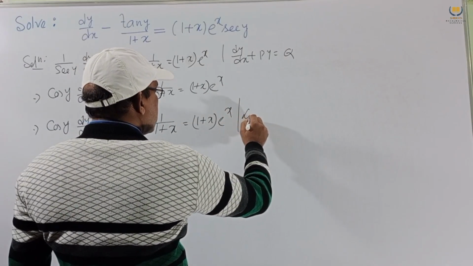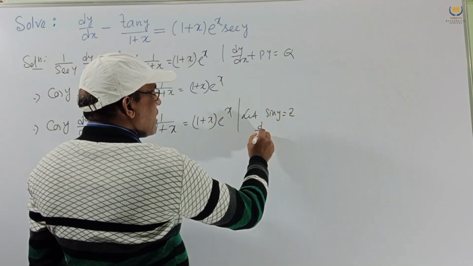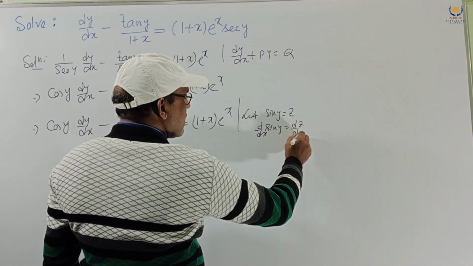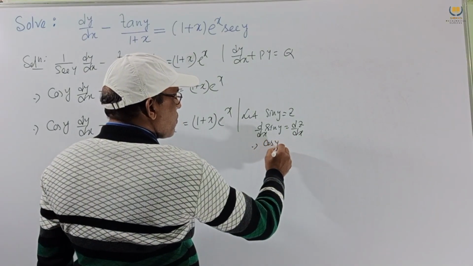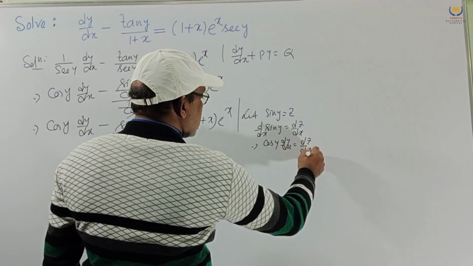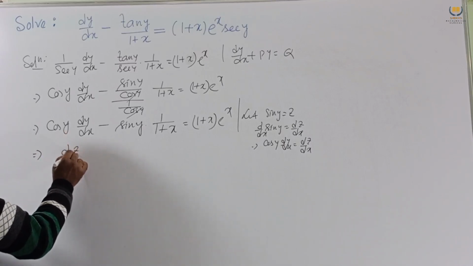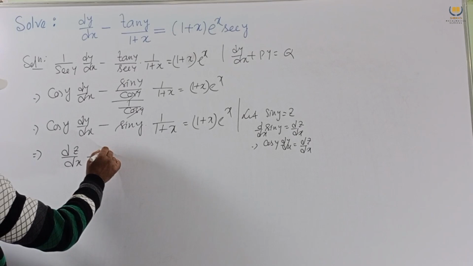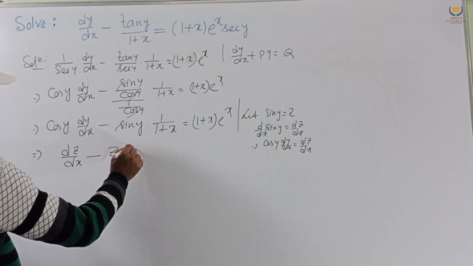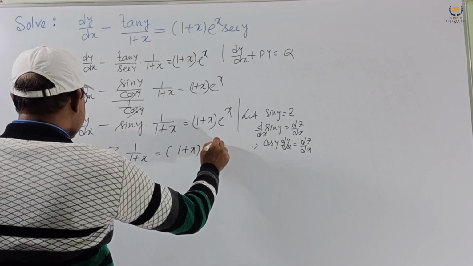So let sin y equal z. Then d/dx of sin y is dz/dx, this is cos y dy/dx equal to dz/dx. So this implies dz/dx minus sin y, meaning z, times 1 by (1 plus x) equals (1 plus x) e to the power x.